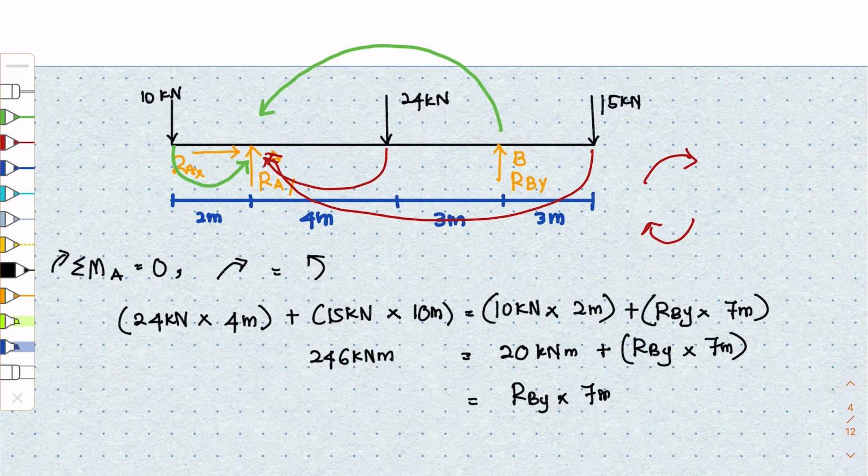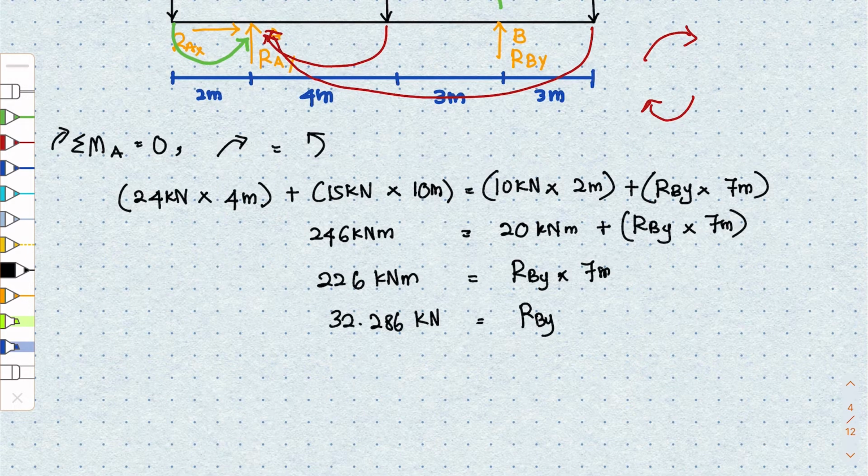We solve this one. It is equal to 226 kilonewton meter, and RBY is equal to 32.286. Okay, next, kita boleh cari RAY ataupun RAX. I nak cari RAY dulu, never mind.